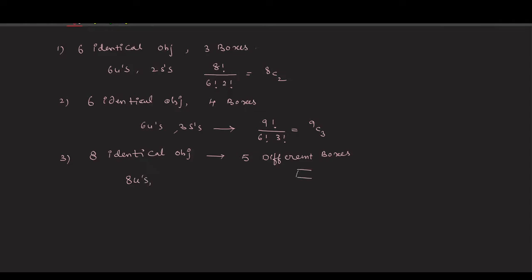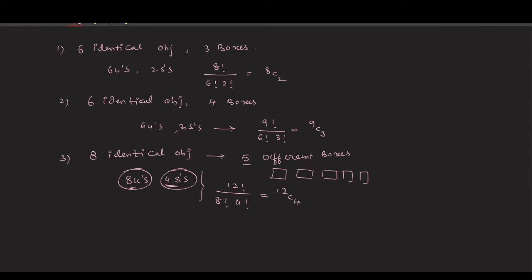We want to distribute into 5 different boxes, so we need 4 separation symbols. How many ways can you arrange? 8 U's, 4 S's, totally 12, so 12 factorial divided by 8 factorial for the U's and 4 factorial for the S's, which is nothing but 12C4.